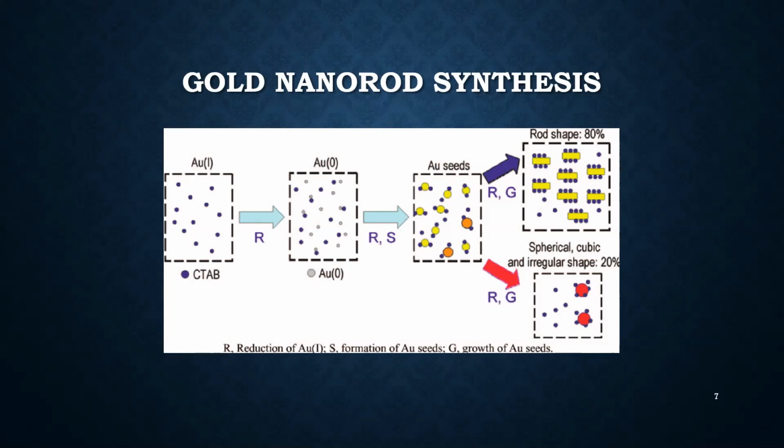The growth solution typically involves the reduction of the gold salt by reductants such as ascorbic acid or hydroquinone in our experiment. With the presence of CTAB as surfactant and silver ions, silver, compared to gold, has a lower reduction potential and forms a monolayer on the surface of the gold rods.